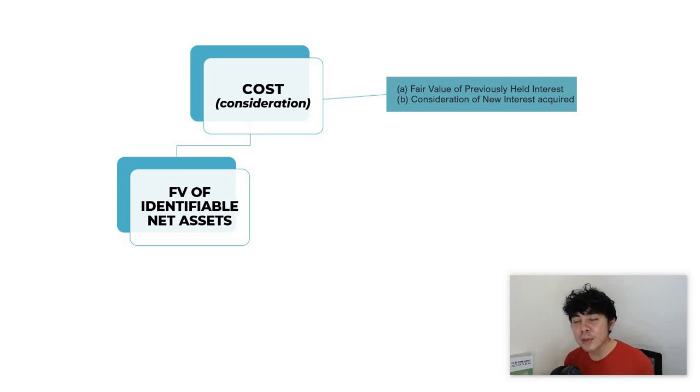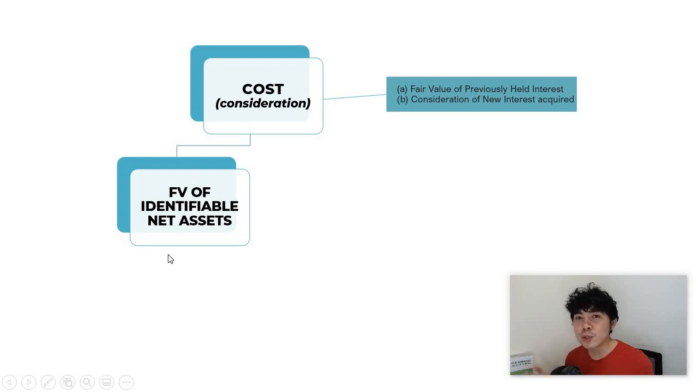So, in case na may goodwill si investee, hindi yun kasama dito sa tinutukoy nating identifiable net assets na kailangan nating malaman yung fair value. So, ibig sabihin, ang composition lang ng identifiable net assets is, for the assets, yan ay tangible and intangible assets excluding the goodwill recorded in the books of the investee. Tapos, syempre, since ito ay net assets, less liabilities. Then, it should be measured at fair value.